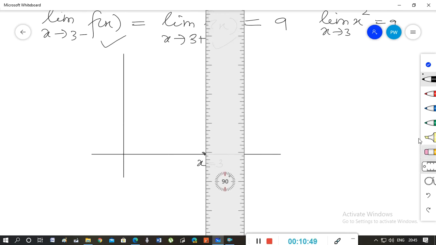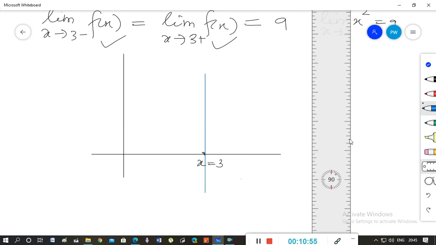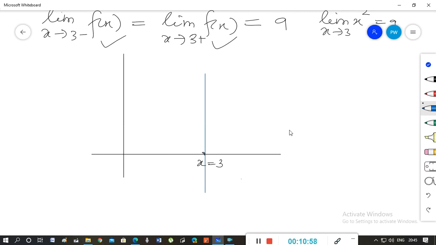For that I'll give some reference with a different color. Let's take away the ruler. Now to the left of 3 I'll keep the function as a linear function. Linear function means a straight line function. So maybe I draw like this.